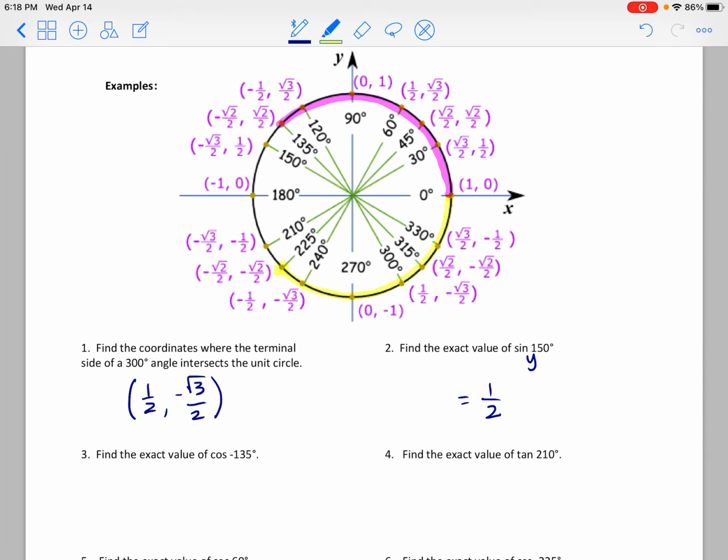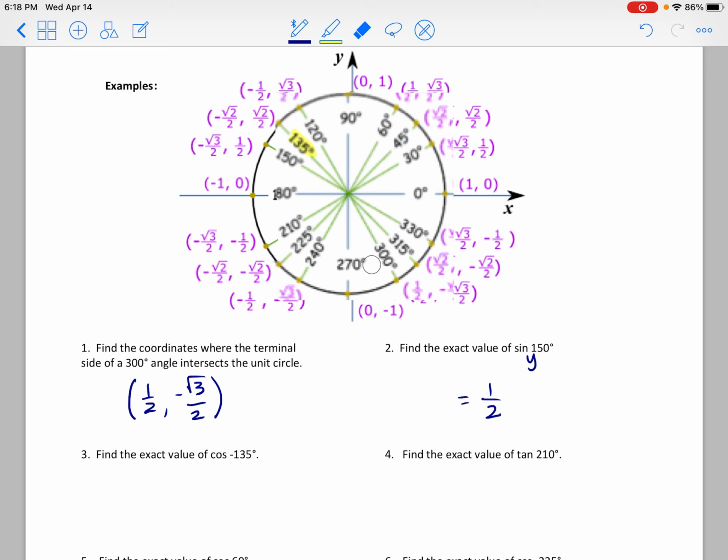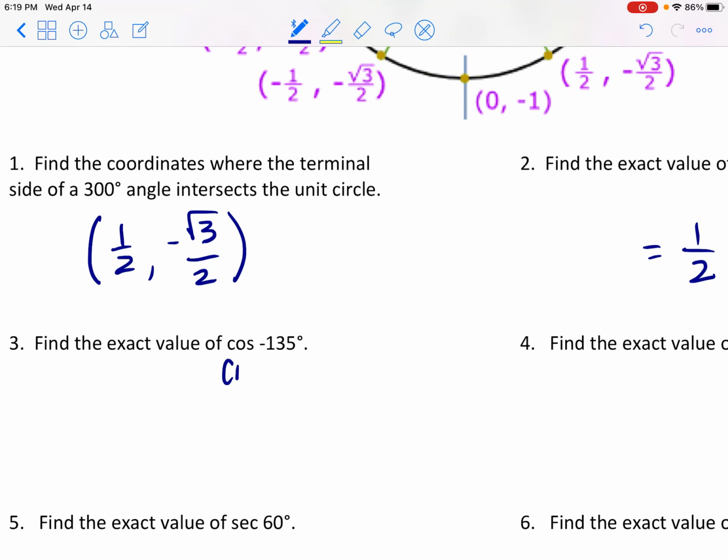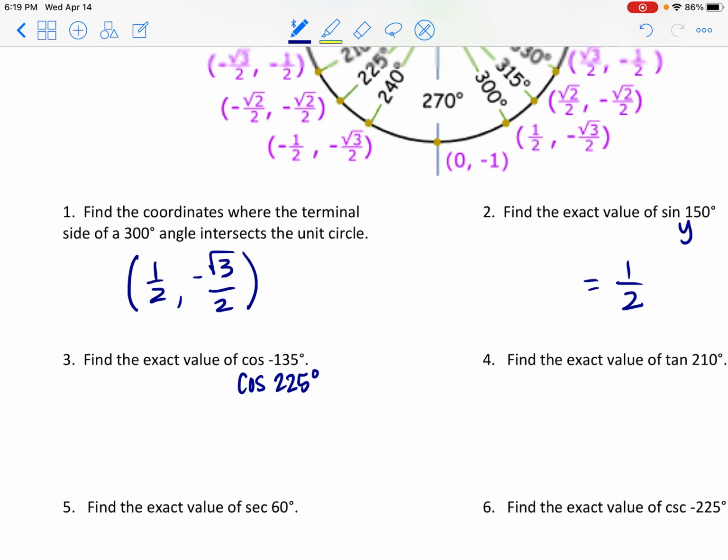And remember, that takes us to 225, and 225 is the coterminal angle to 135. 225 and 135 make 360 altogether. So first, negative 135, this is really asking you what's the cosine of positive 225. That's the same thing. 225 and negative 135 are the same angle.